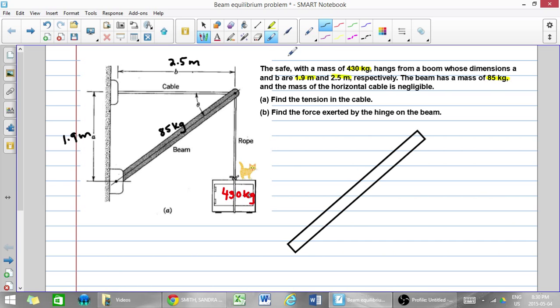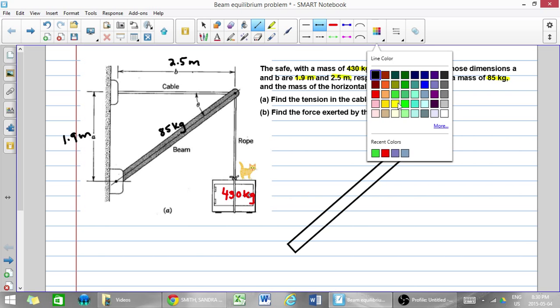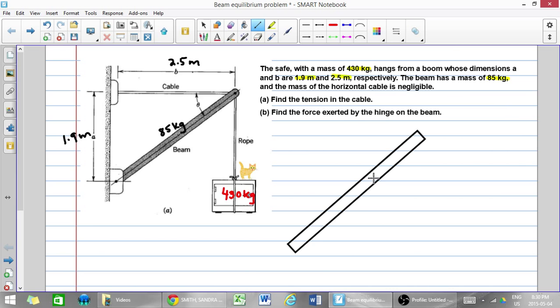So let's draw an arrow for that, right in the middle there. Then we've got force of gravity on the beam.